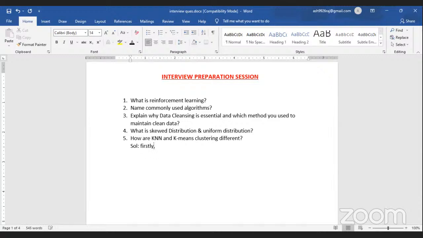Firstly, see, KNN is a supervised learning algorithm.